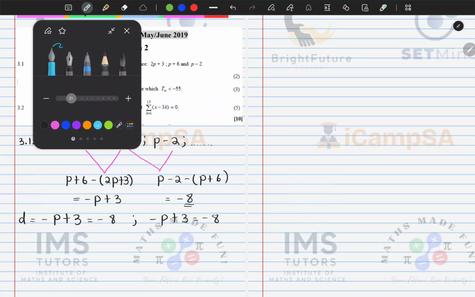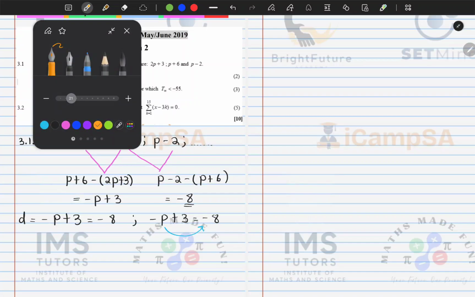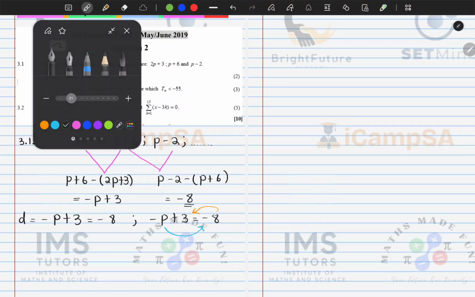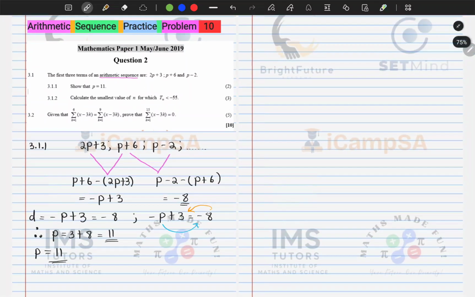You can transpose the p and then transpose the minus 8, such that p is 3 plus 8, of which the answer is 11. So we've shown how we get that.